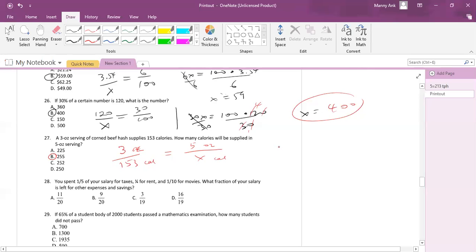You don't know. Okay. And I can solve your proportion. 3 times X, 3X is equal to 5 times 153. Divide by 3, divide by 3. So 3 can go here 1 time, 3 here will be 51. 5 times that is 255 calories.